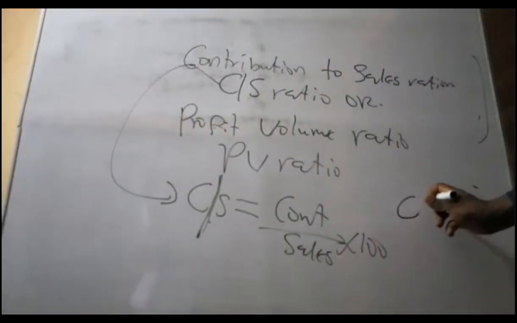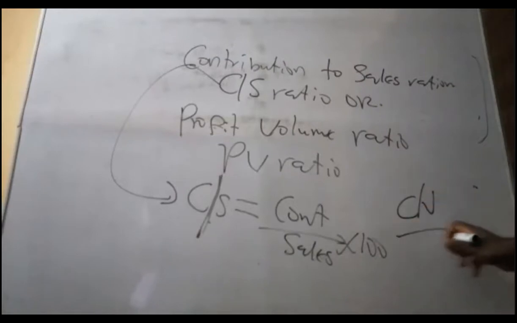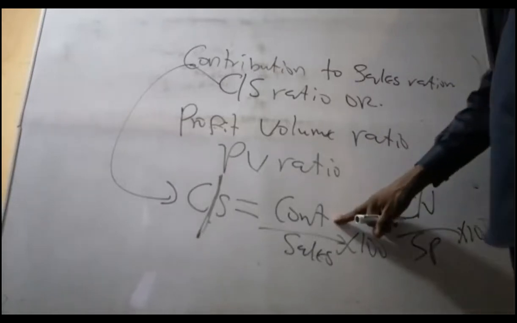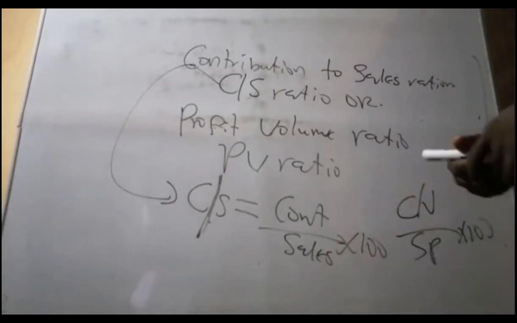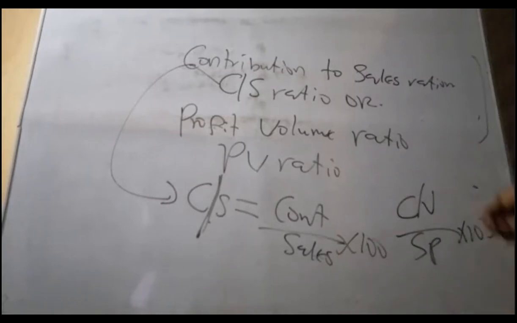So it can be contribution per unit over the selling price times 100. It can also be total contribution over total sales times 100. So you cannot pick contribution per unit and come and pick total sales. No, mismatch. So take note of that.